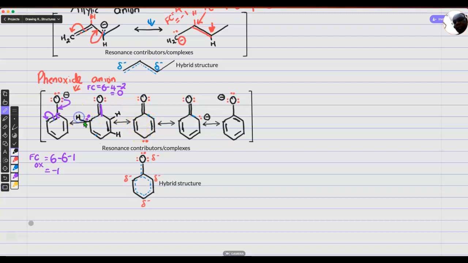So that's why I know there's a hydrogen there. If I do the formal charge calculation on this carbon, carbon has a valency of 4, there are 2 non-bonding electrons, and then there are 3 bonds, you can see them. So it's -1. I need to show a negative on that carbon. So that is the second resonance structure.